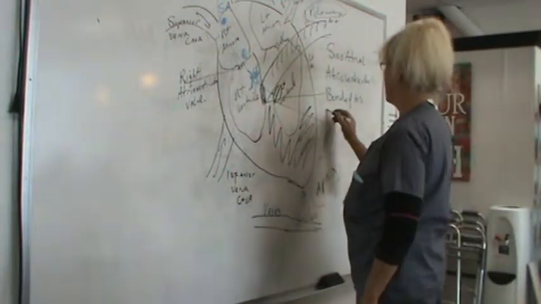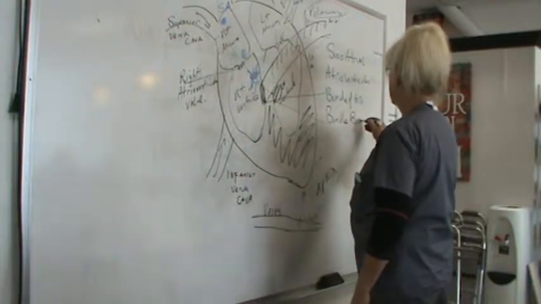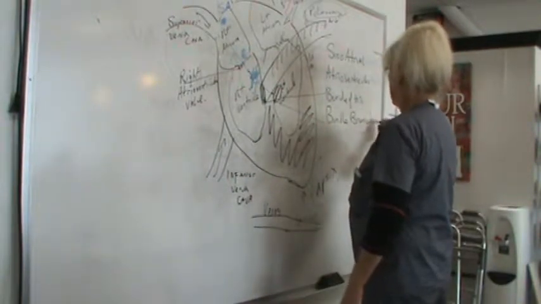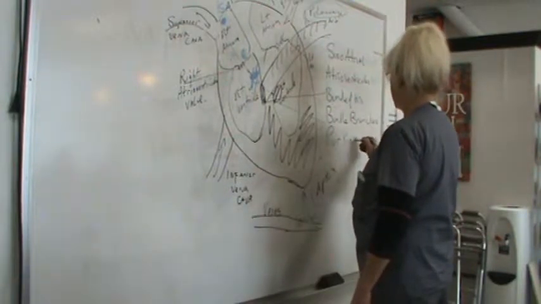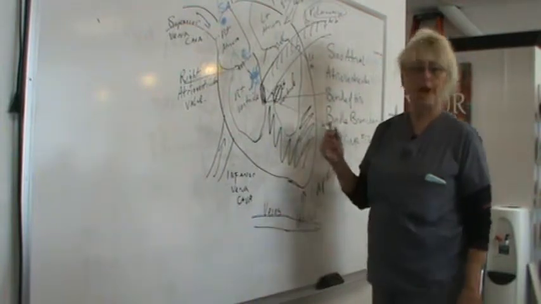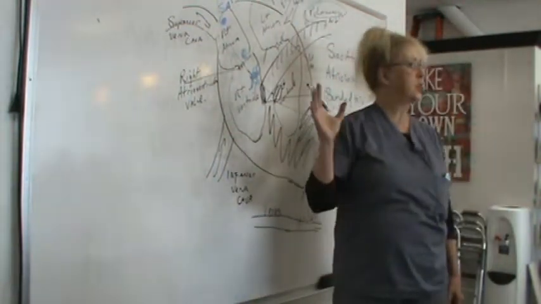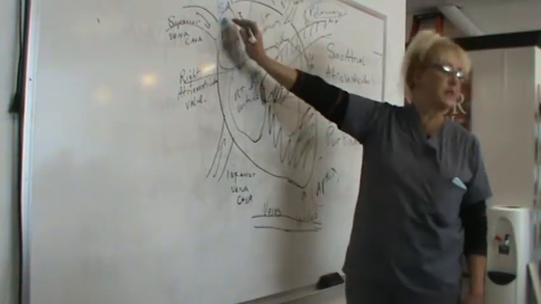So the bundle of His, then we have bundle branches and the Purkinje fibers. Now these are all responsible for translating the electrical activity all through the heart and back to where the sinoatrial node is.